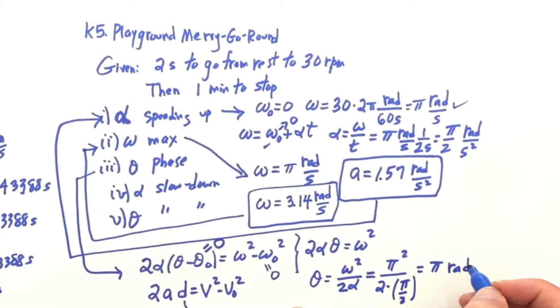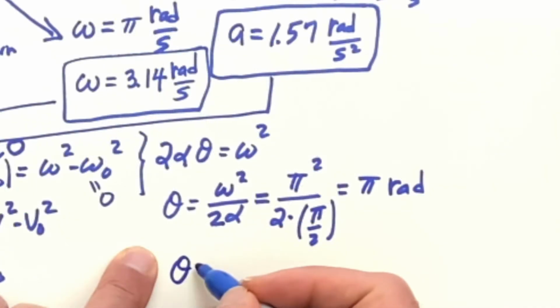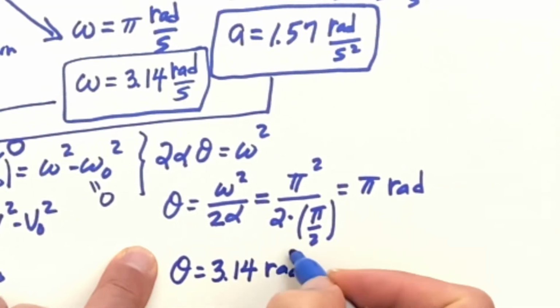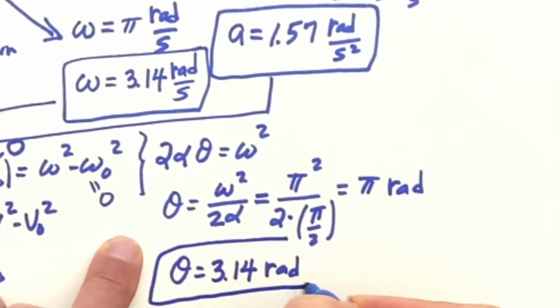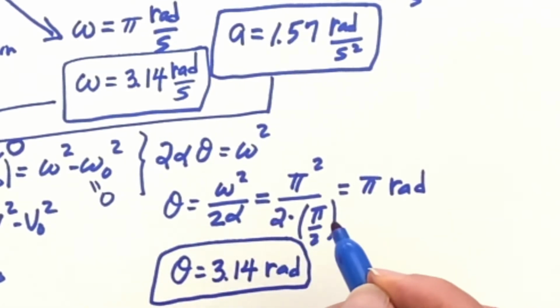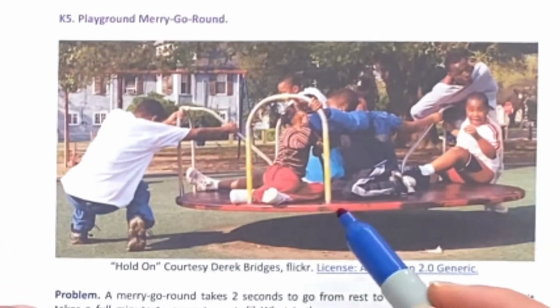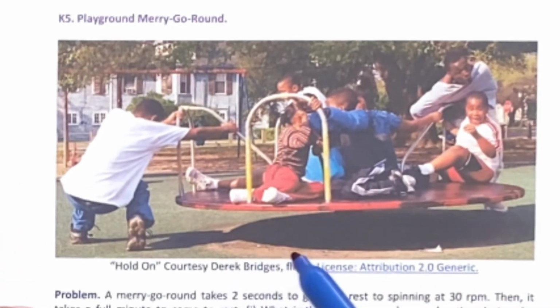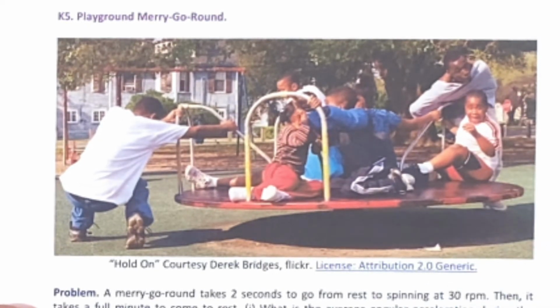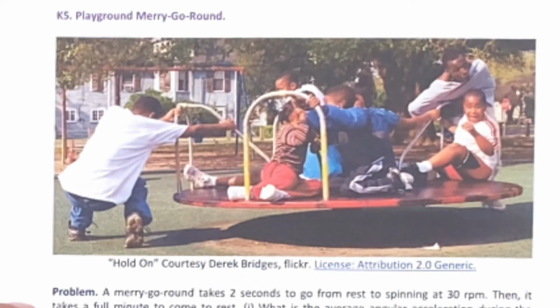That's awesome. So pi is 3.14 radians. That's 180 degrees. So when Dad was spinning this up, Dad had to basically run with the merry-go-round about 180 degrees. That's the angle swept out.